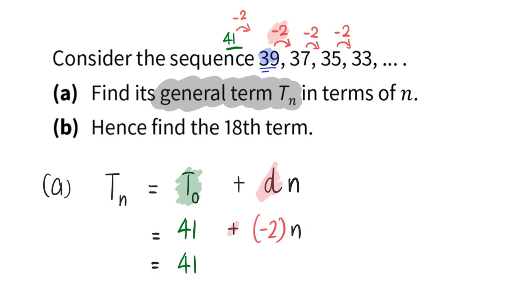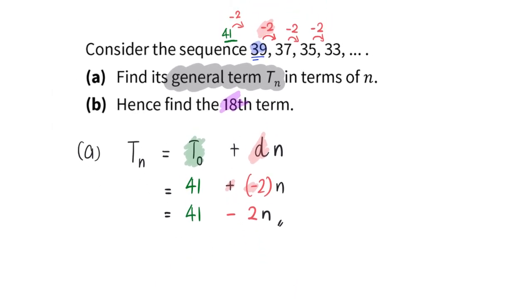Do take note, when you add a negative number, this will become negative 2n, and that will be the general term for this number sequence. And the moment I have this, I would then be able to find any term, including the 18th term, simply by substituting.